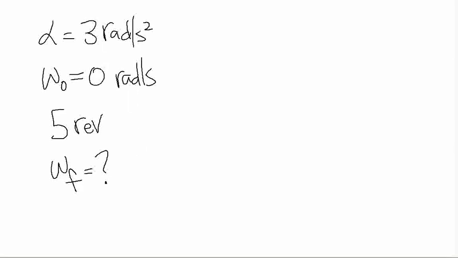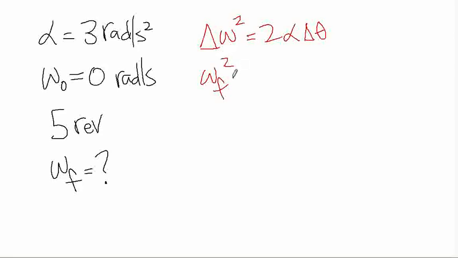Okay, I'll go ahead and do it. I don't know, nor do I care, how much time this process took, so I'm going to go with the last kinematics equation. Omega final squared minus omega naught squared, or omega sub 0, whatever you want to call it.